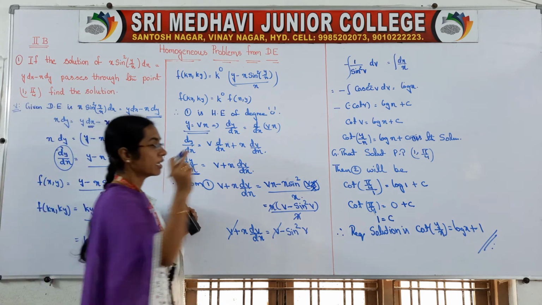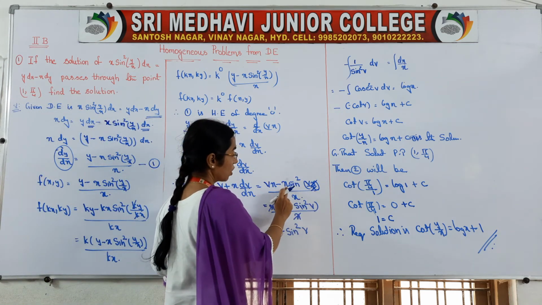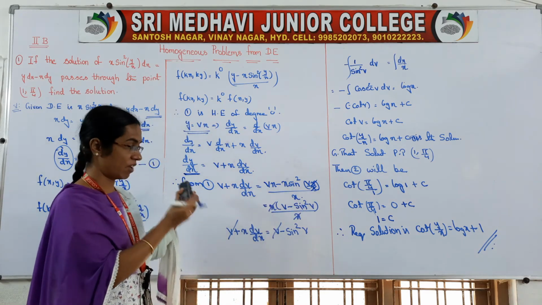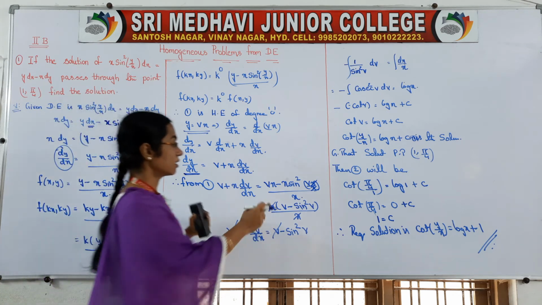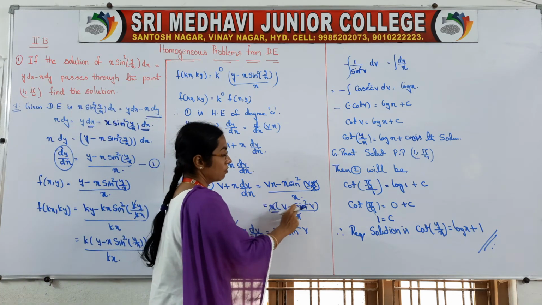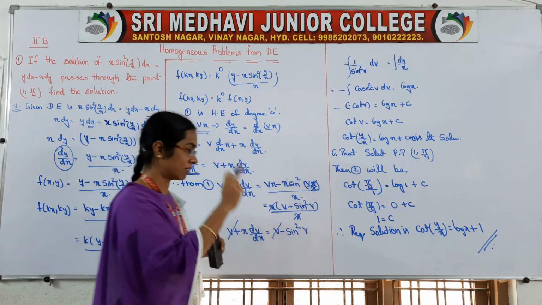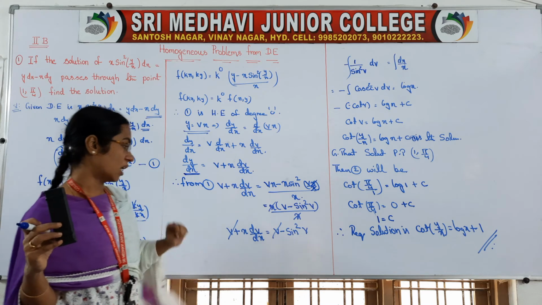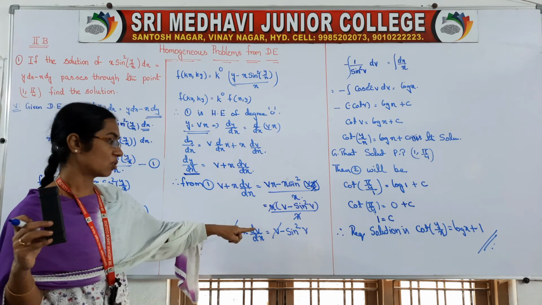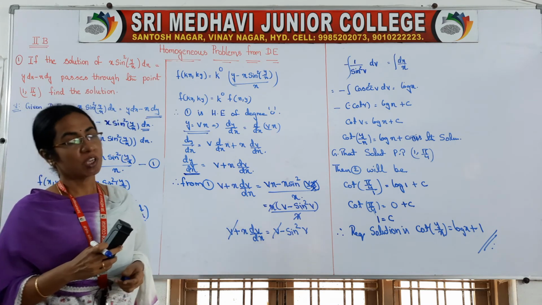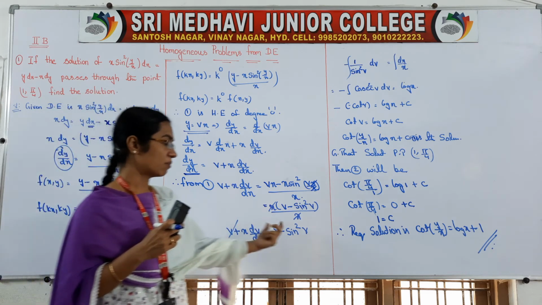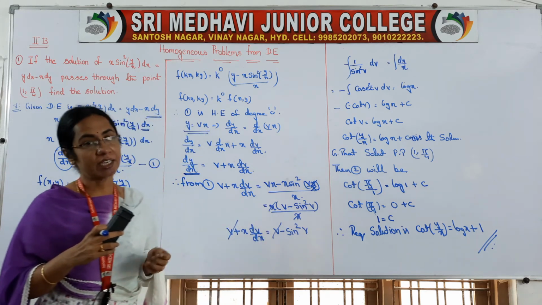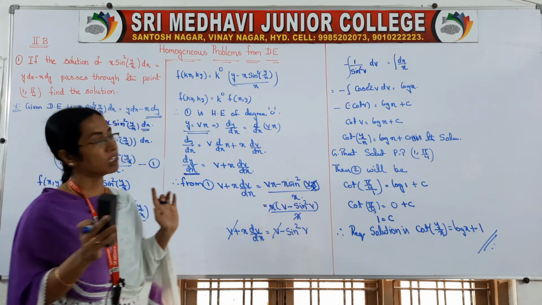Then the x's will get cancelled. Here x is there, here x is there, two terms have a common value, so x is taken outside, and it is v − sin²v, the x's cancelling. Now send this v to the other side: x dv/dx = −sin²v. Now some v terms and some x terms are there, so v terms into dv, x terms into dx.